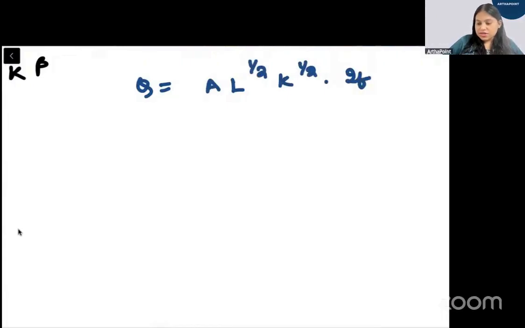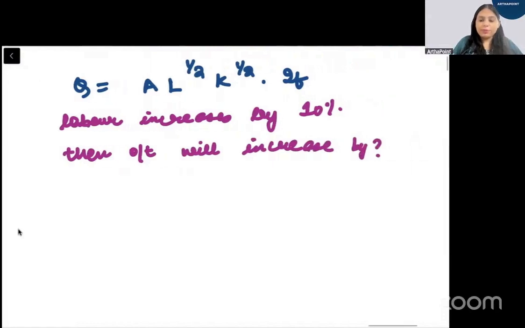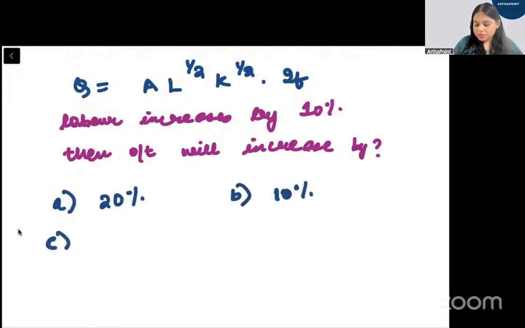And the question says that if labor increases by 10%, then output will increase by, and बेटा आपको कुछ options दिए हुए हैं: 20%, 10%, 5%, not increase.